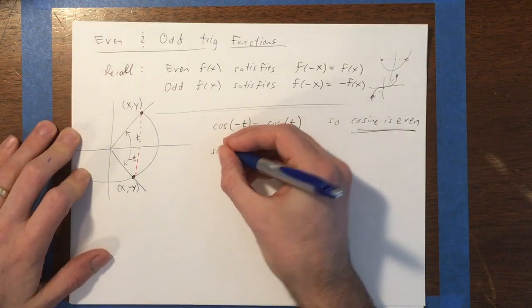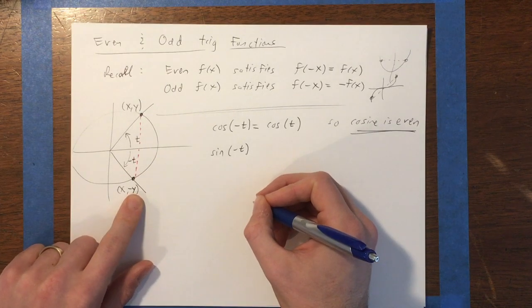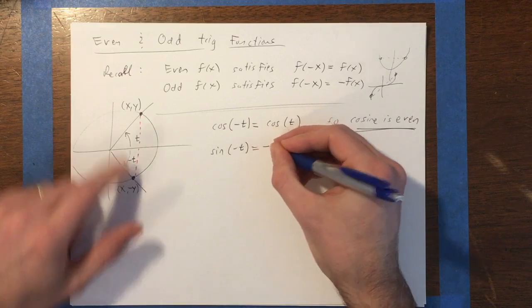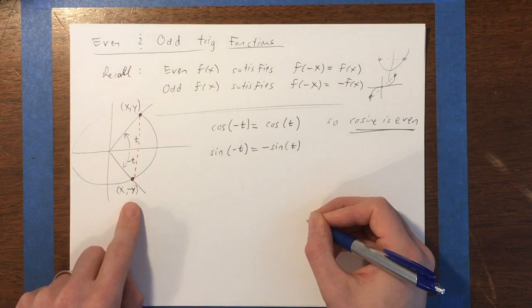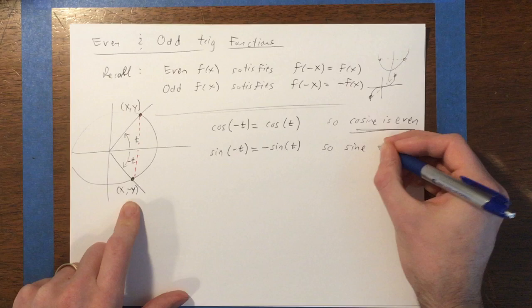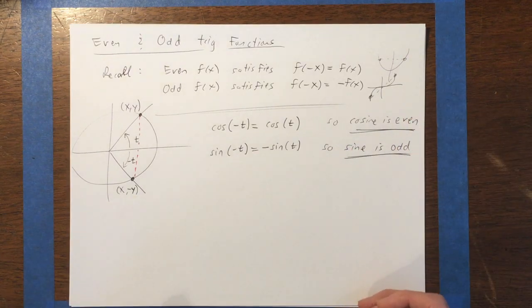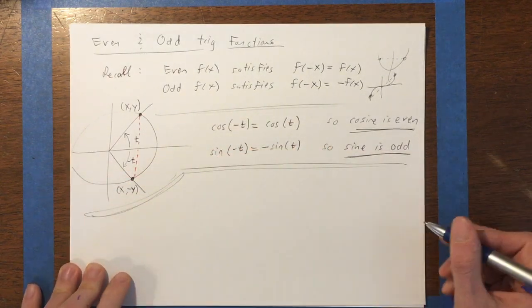And then sine of negative t is this y-coordinate, which is the opposite of that y-coordinate, right? It's the negative sine of positive t. The fact that these y's are opposite means sine of negative t equals negative sine of t. So sine is odd. Cosine is even and sine is odd.